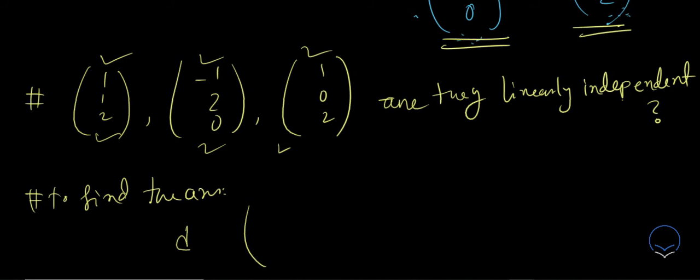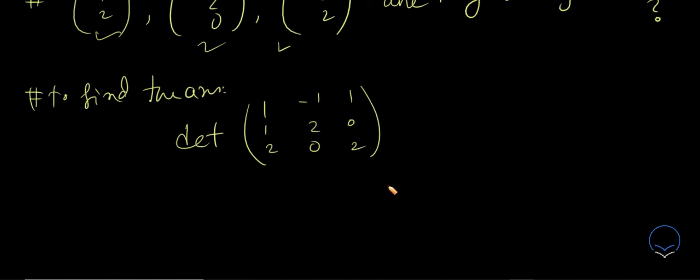So we need to evaluate the determinant of this thing, that is 1 1 2, -1 2 0, 1 0 2, and let's see what the determinant is. So this will be 1, there is a 4, and there is this 0, so this will be 4.